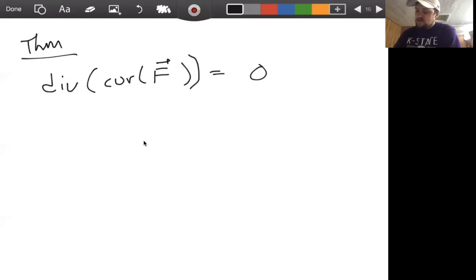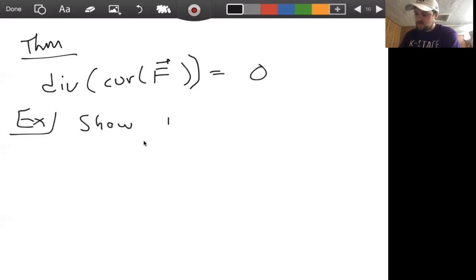And we can use this theorem to understand when a vector field is going to be the curl of another vector field. And so let's look at an example here.